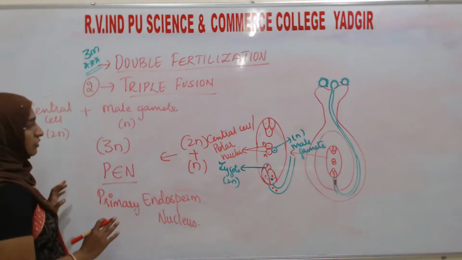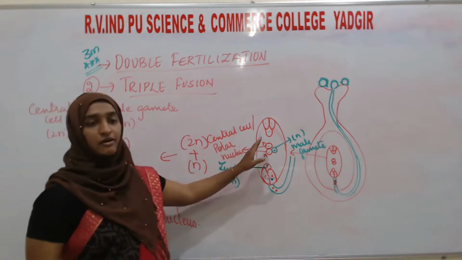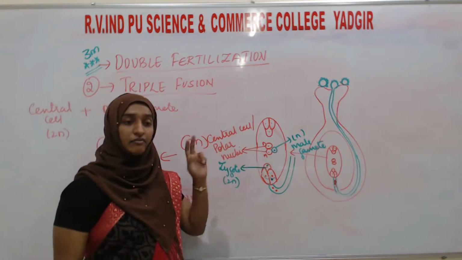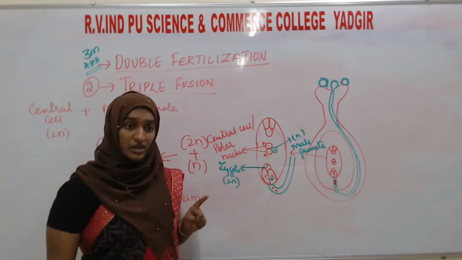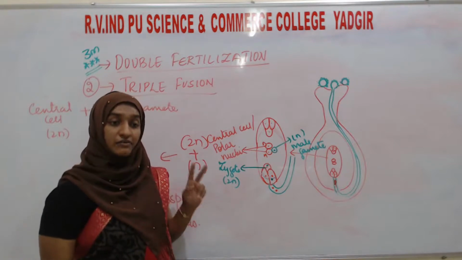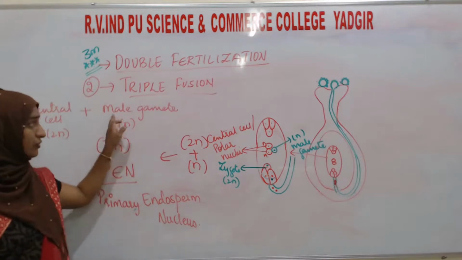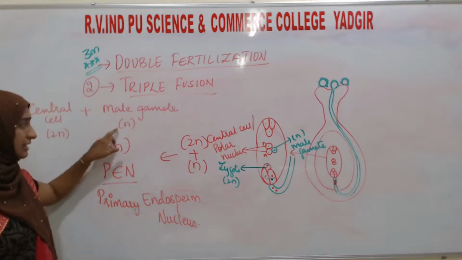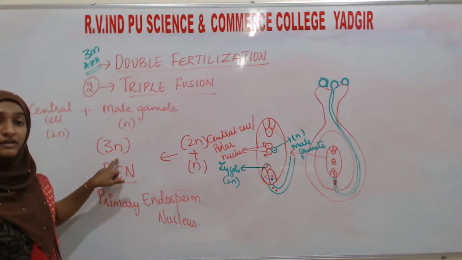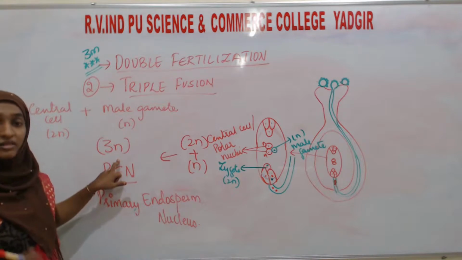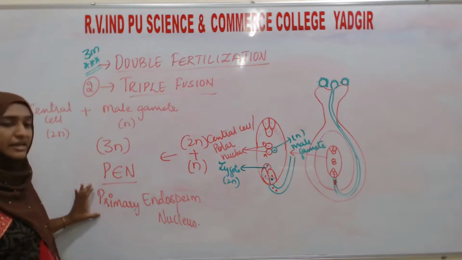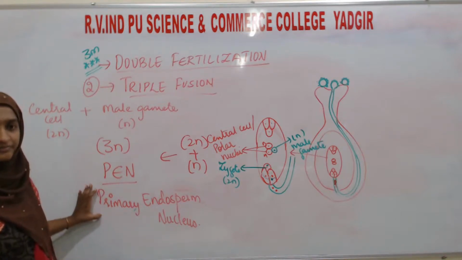See here, the central cell or polar nuclei will have 2 nuclei but 1 cell. Two nuclei means it will be diploid. Then one male gamete is going to fuse with the central cell. It will form a triploid cell, that is the primary endosperm nucleus.